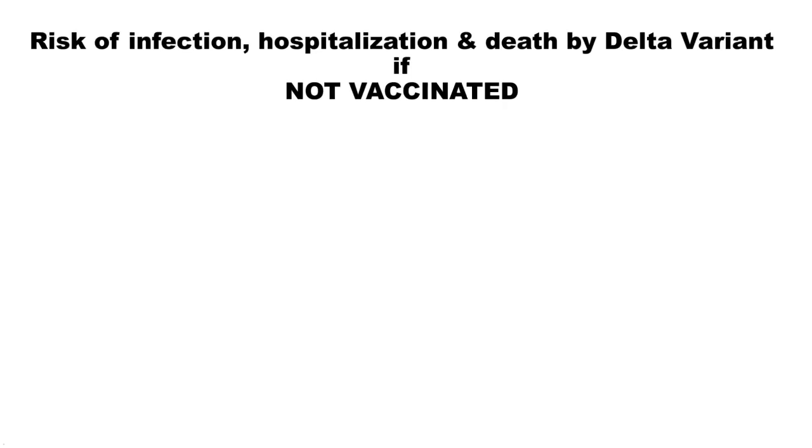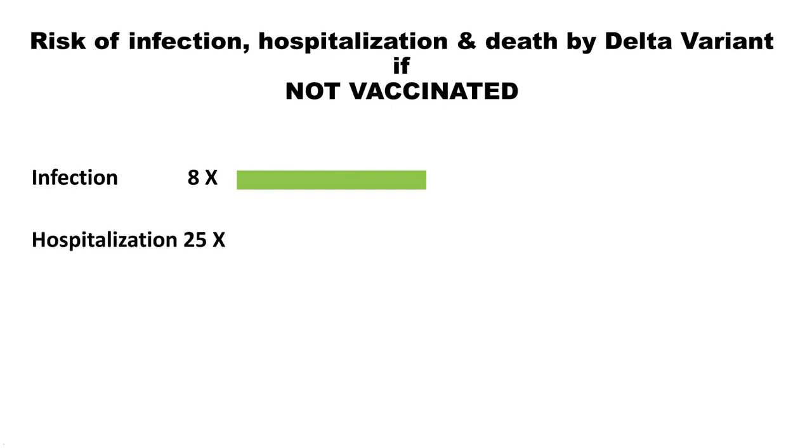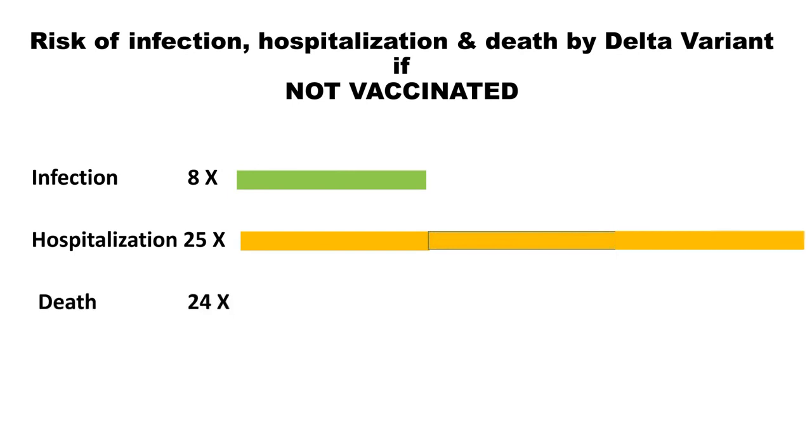So the risk of infection, hospitalization and death by the Delta variant if a person is not vaccinated is 8-fold for infection, 25-fold for hospitalization and 24-fold for death.